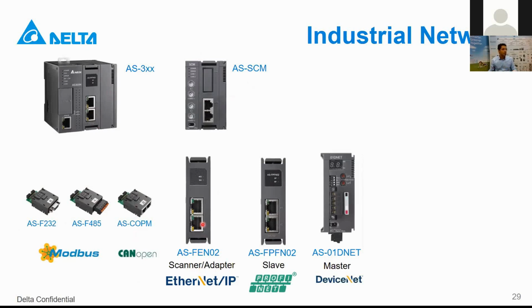For Ethernet IP, we have a dedicated function card, which can be scanner and adapter. This is separate from the CPU. I mentioned before that the CPU itself supports Ethernet IP, that's okay, but we also have an additional function card specifically for Ethernet IP. And we released a Profinet function card as well, so it can be a slave. For Profinet configurations, AS can be one of the slaves in that network. And for DeviceNet, we have a module as well, and it can be master.